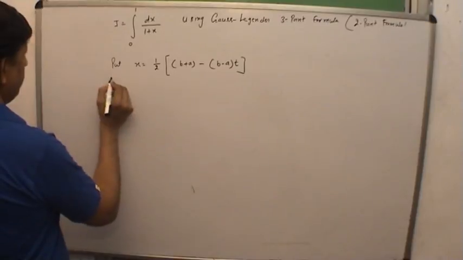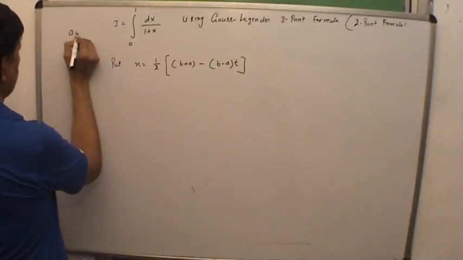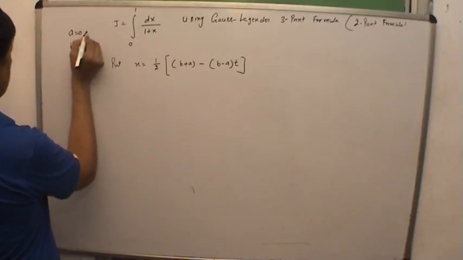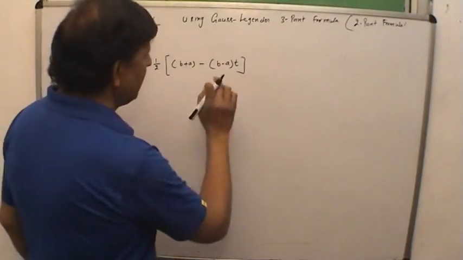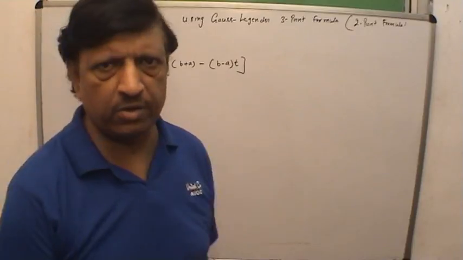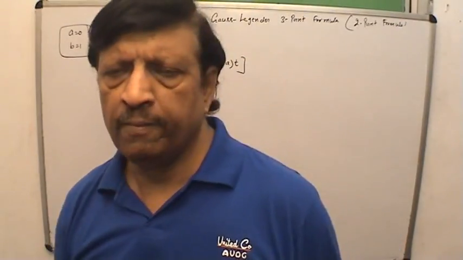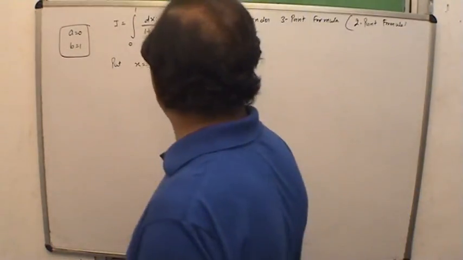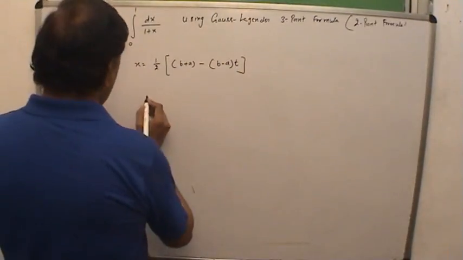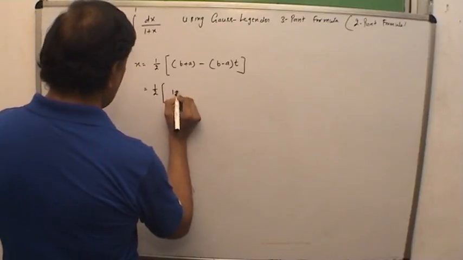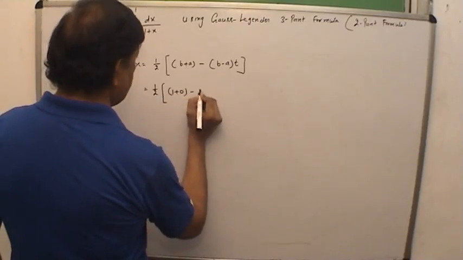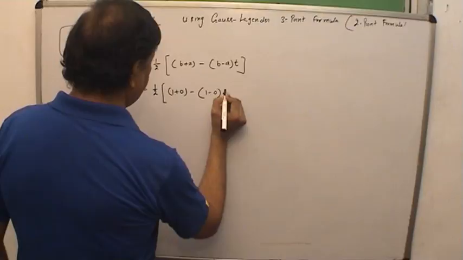Here a is equal to 0, the lower limit, and b is equal to 1. And t is the new variable we introduce in place of x. It can be any other. That is equal to half of (1 plus 0) plus (1 minus 0) into t.